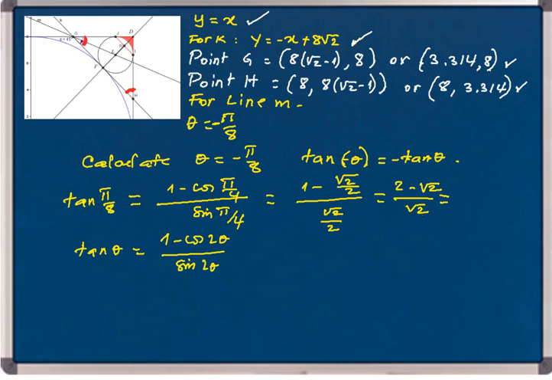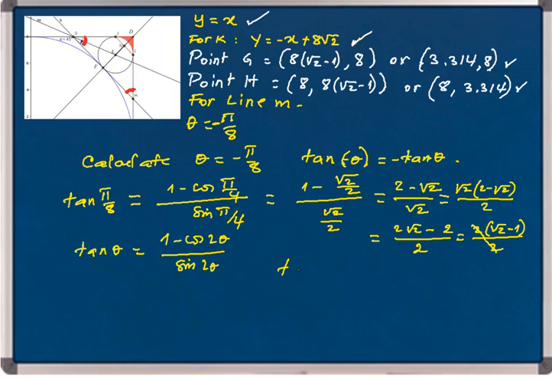We can multiply both by square root of 2, so square root of 2 times 2 minus square root of 2 over 2. That will bring it to 2 square root of 2 minus square root of 2 times square root of 2, which is 2, over 2. This is equal to, factoring, square root of 2 minus 1 over 2.